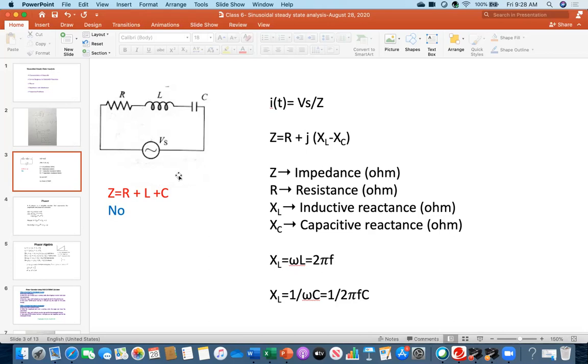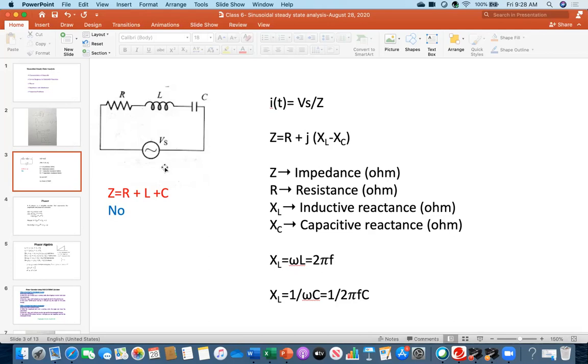Always you deal with the resistance only. But in an AC circuit, it is not only the resistor, you have to deal with inductor and capacitor.